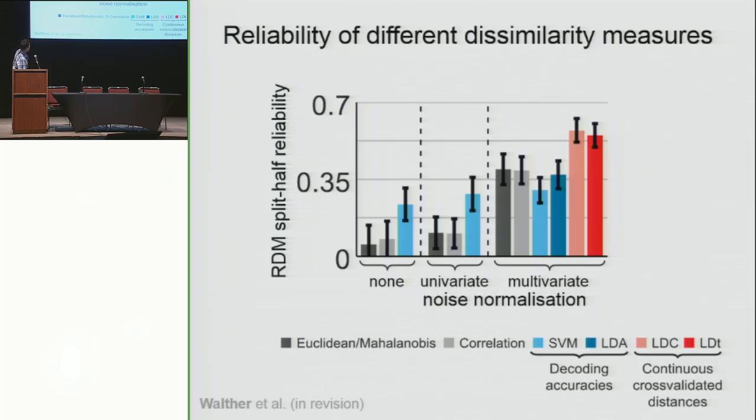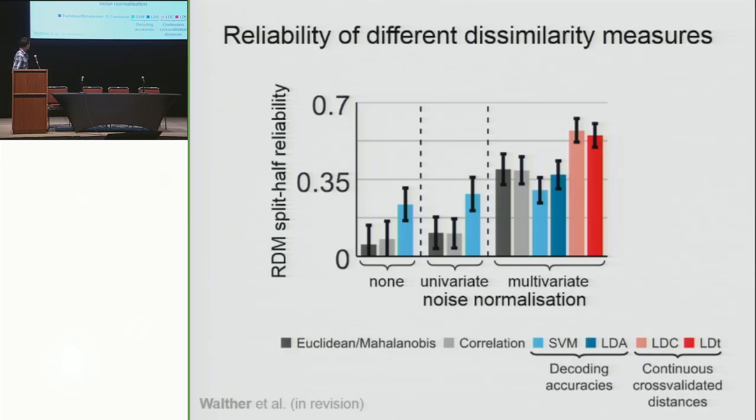And when we do these comparisons, we see that the best performing distances are those that use multivariate noise normalization.